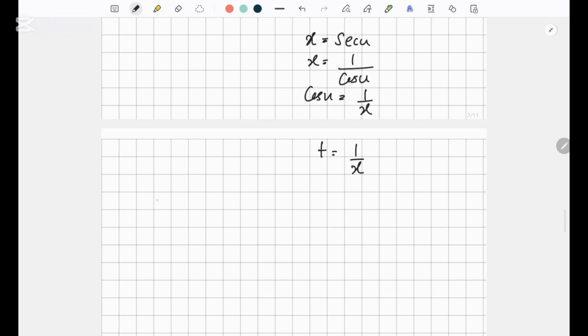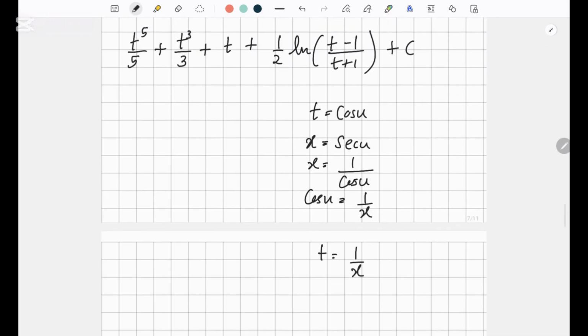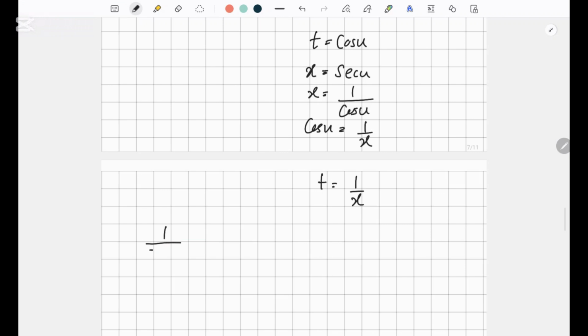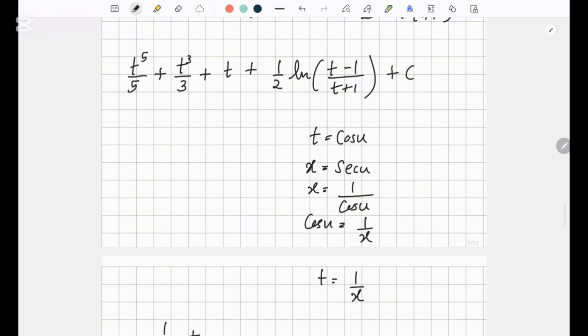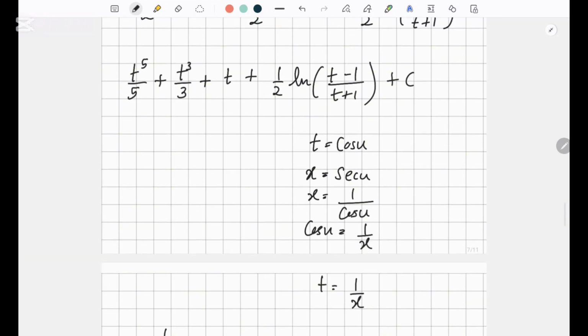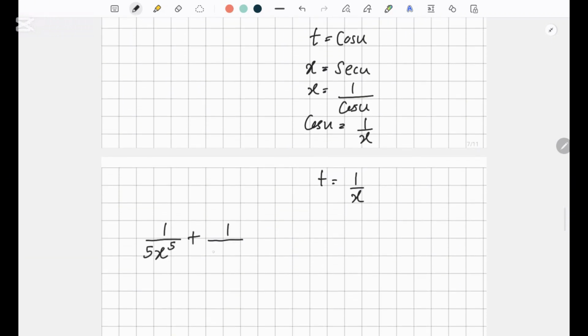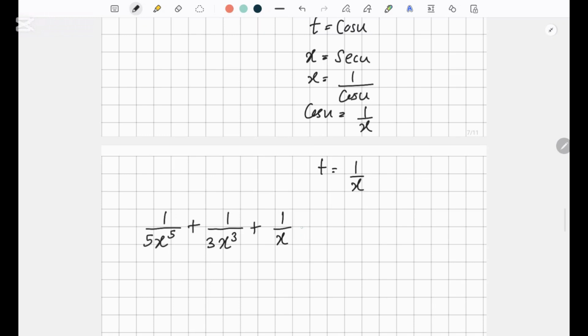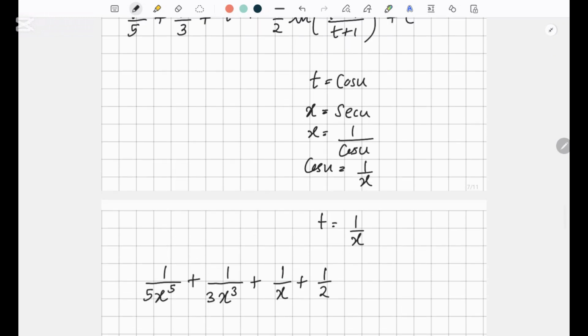So if you look carefully, when you put 1 over x into t to the power 5, it becomes 1 over 5 into x to the power 5, right? Plus, when you put 1 over x into t to the power 3, it becomes 1 over 3 into x to the power 3. Plus, and t is just 1 over x, okay? Plus half into ln.